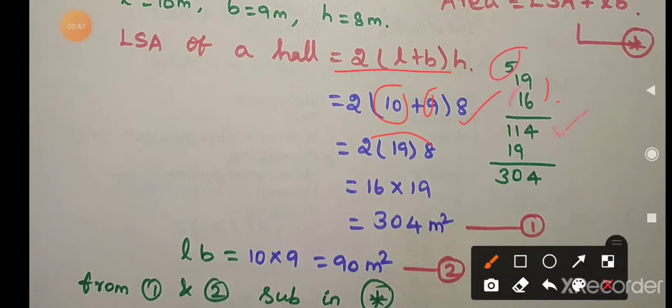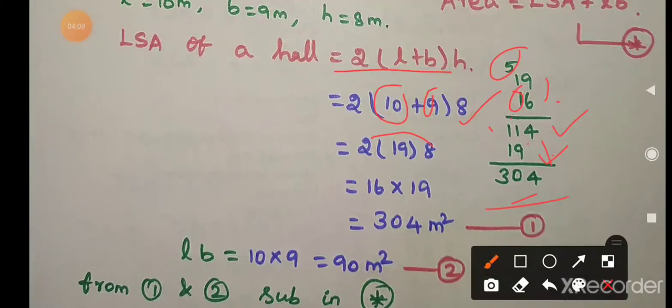Then 1 into 19 means 19. So the value is 304 meter square. LSA of a hall is 304 meter square.